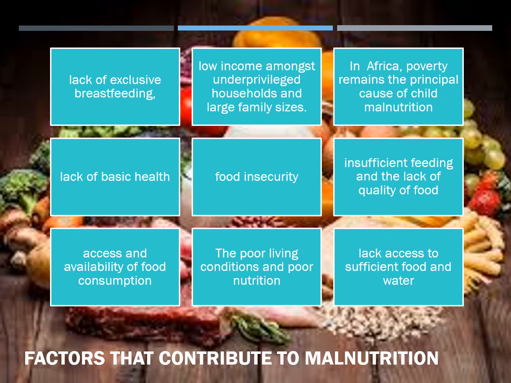Lack of basic health, where some caregivers don't have access to the basic health that they need, which will affect the infants and young children as well. Food insecurity, insufficient feeding, and also the lack of quality food to feed your children, access and availability of food for consumption, and poor living conditions also result in poor nutrition.